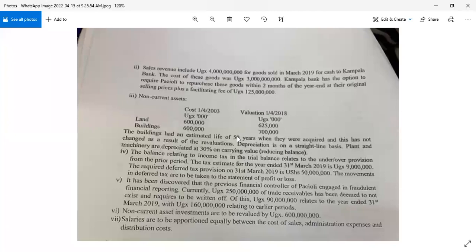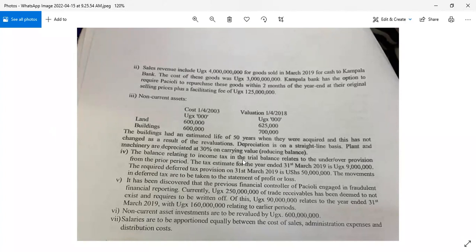What does that mean? It means that the useful life that the asset has now has not changed. The value may have changed to 700 for the building, but the useful life did not increase in any way or reduce in any way. So what does that mean? It means that the remaining useful life of the building is not 50 by 2018, but it's the balance that remained after consuming it since 2003.